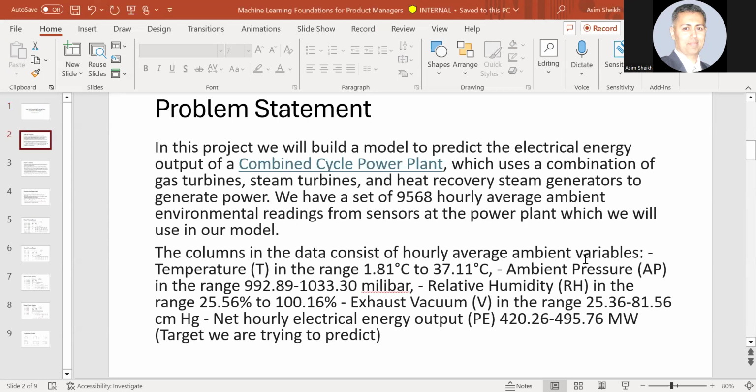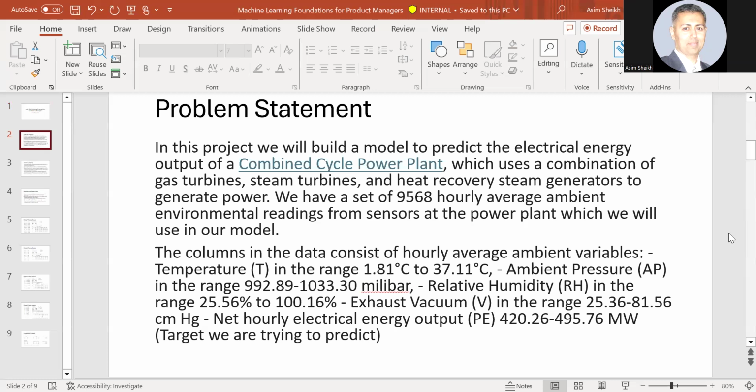So in the course wrap-up section, the problem statement is as follows. In this project, we'll build a model to predict the electrical energy output of a combined cycle power plant, which is a combination of gas turbines, steam turbines, and a heat recovery system, steam generators to generate power. We have a set of 9,568 hourly average ambient environmental readings from sensors at the power plant, which we'll use in our model.